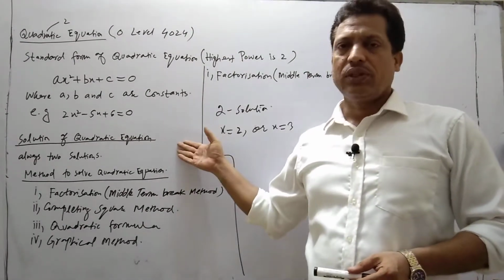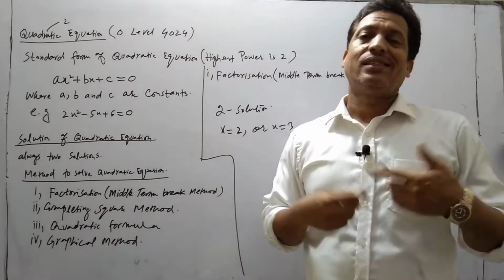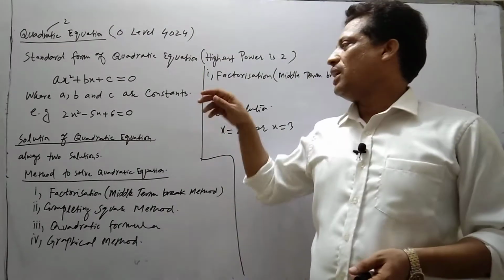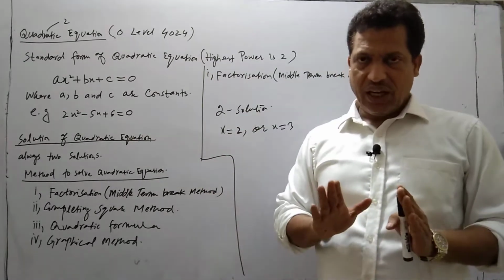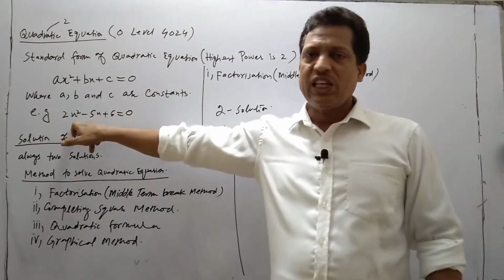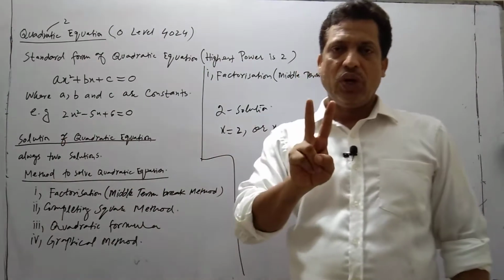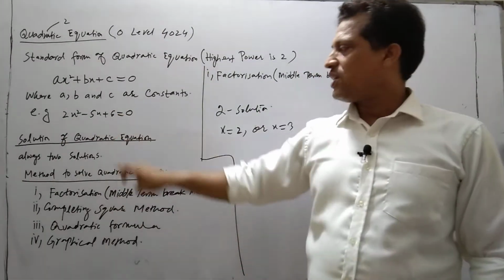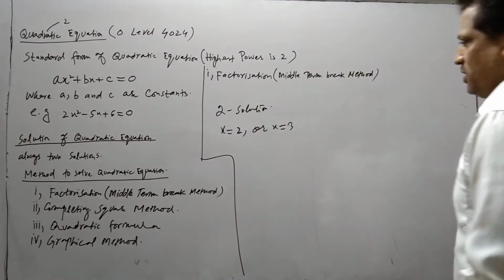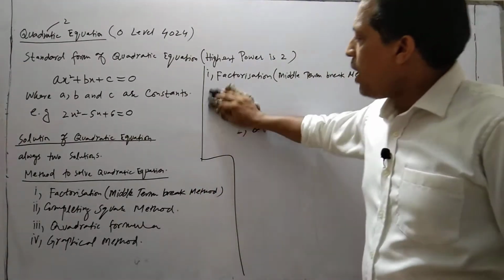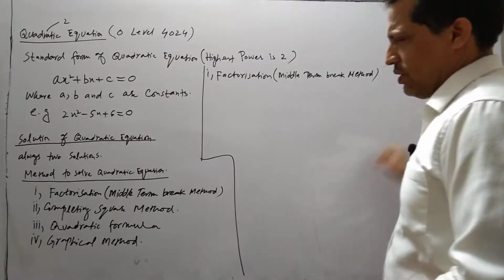If you don't get two solutions, it means your method is incorrect. You made some mistake. Whenever you solve a quadratic equation, you always get two solutions. I hope you understand.